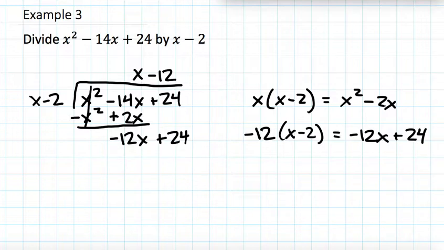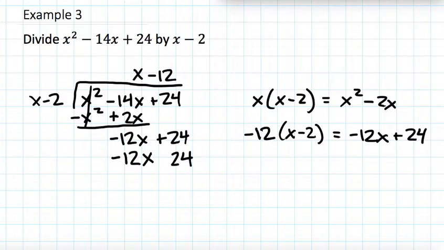Now again, be very careful with signs. When I write this down here, what I normally like to do if one of them has a plus sign is I normally like to not write the plus sign. I just line it up, because what's going to end up happening here now is I'm going to subtract this.